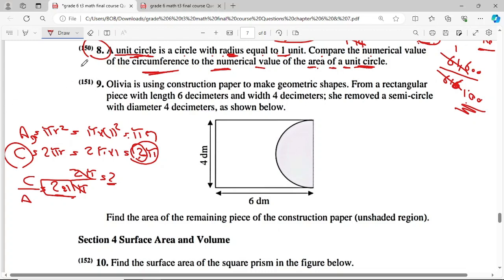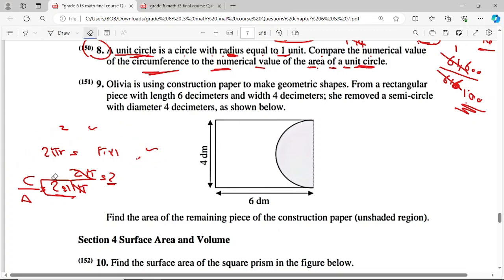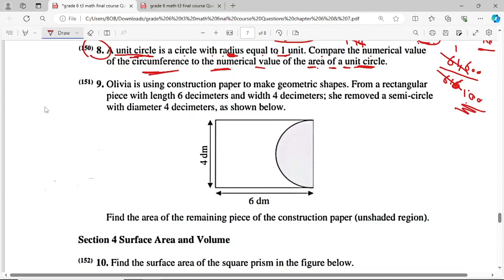Now, question number 9. Question number 9 says Olivia is using construction paper to make geometric shapes from a rectangle piece.